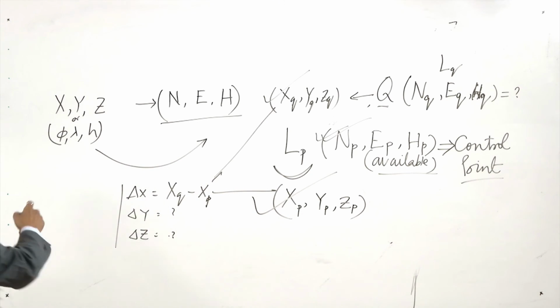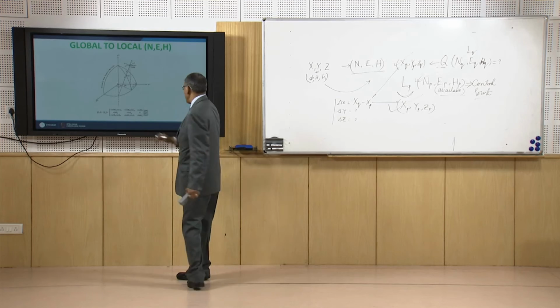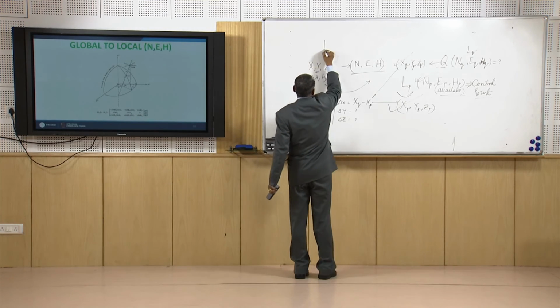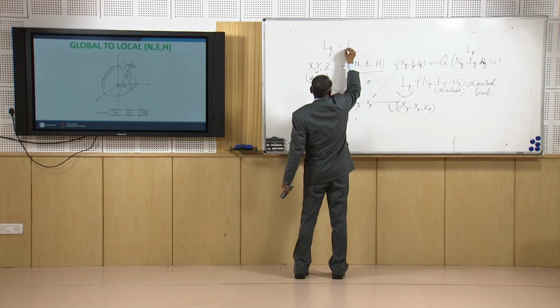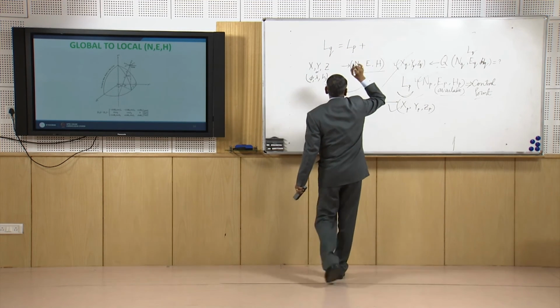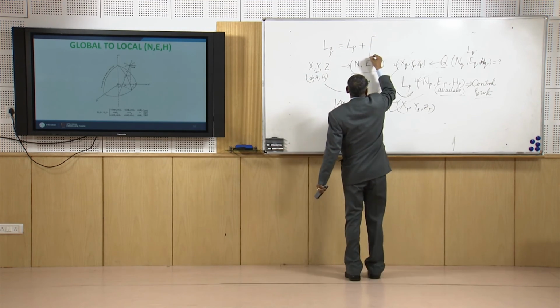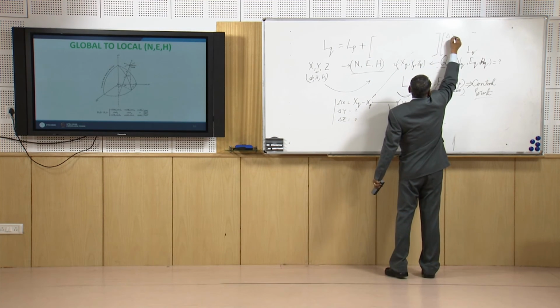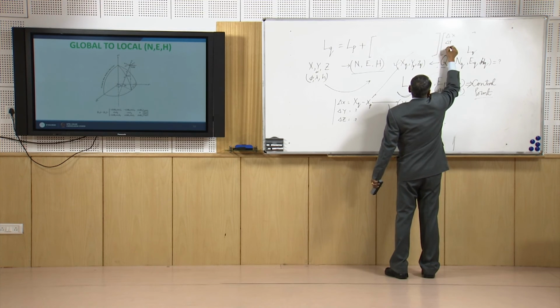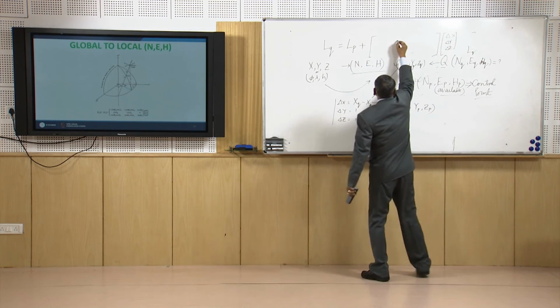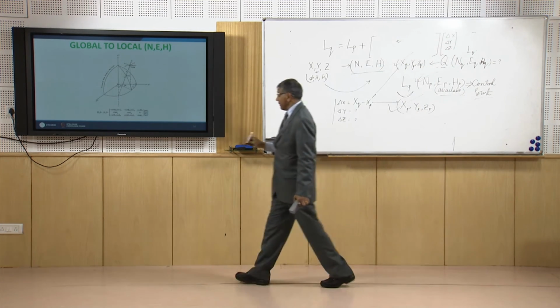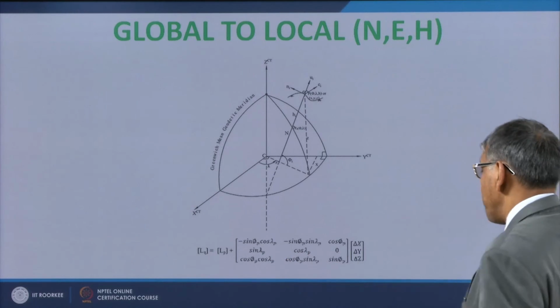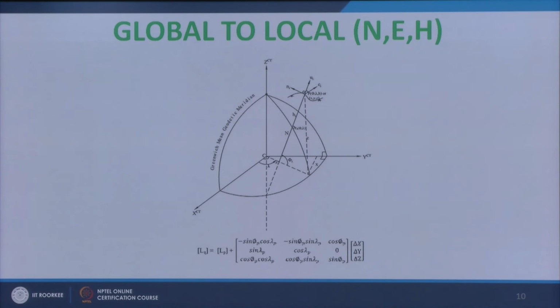After having this, by using this relation, LQ, we can get LP plus a matrix times del x, del y, del z. This matrix is based like this, minus of sine, cosine of, like this.